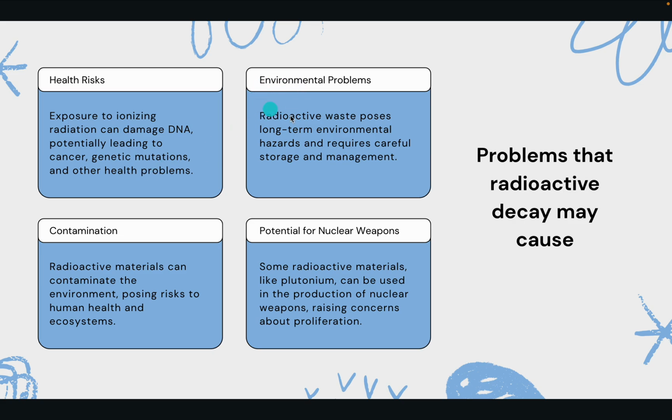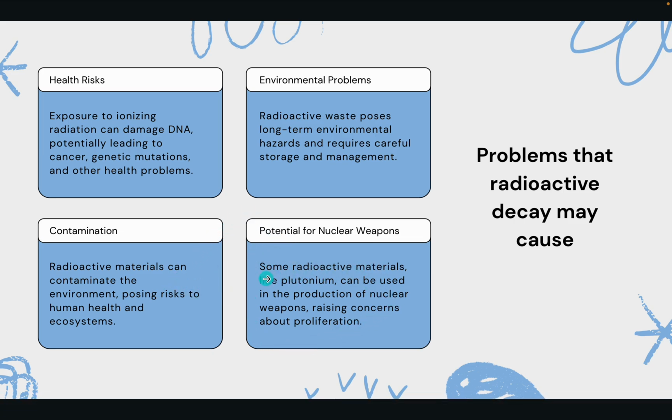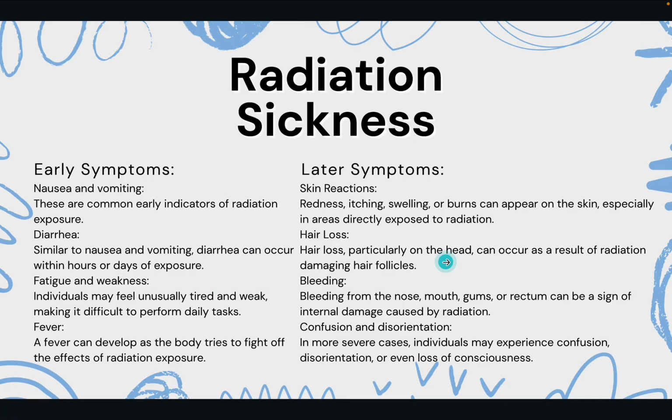It also causes environmental problems, because it can contaminate the environment, have long-term environmental hazards, and requires careful storage and management. Also, it has the potential for nuclear weapons, because some radioactive materials like plutonium can be used in the production of nuclear weapons, raising concerns about proliferation.